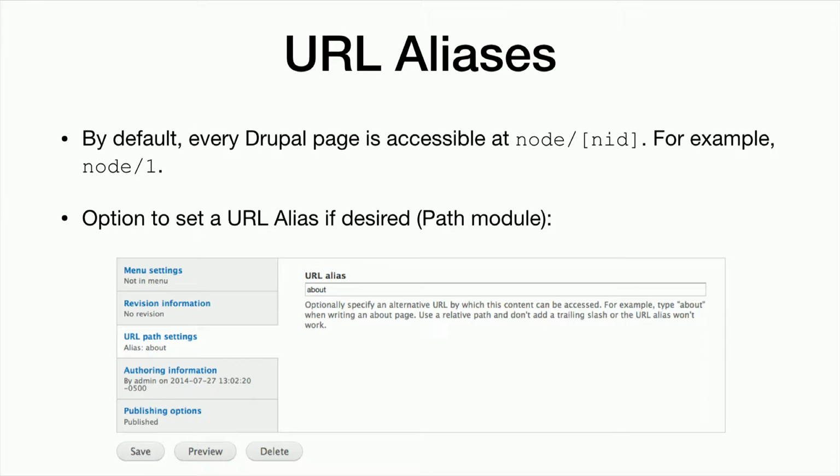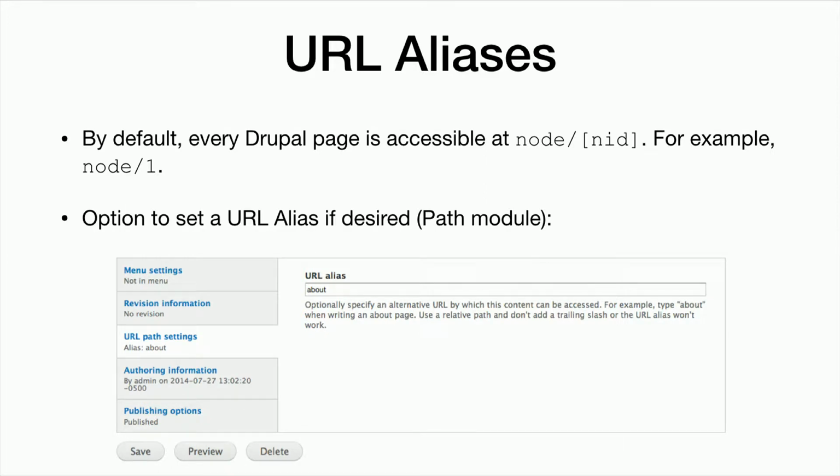Another part that Drupal core includes is, first of all, when you have a node, everything in Drupal is stored in nodes or entities, and all content is usually nodes, and those nodes have a node ID in the database. So by default, every page can be accessed by node/node ID. So node/1, node/2 are those different pages.